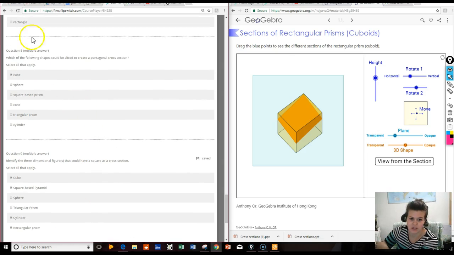And which of the following shapes could be sliced to create a pentagonal cross section? A cube, a sphere, a square-based prism, a cone, a triangular prism, or a cylinder.